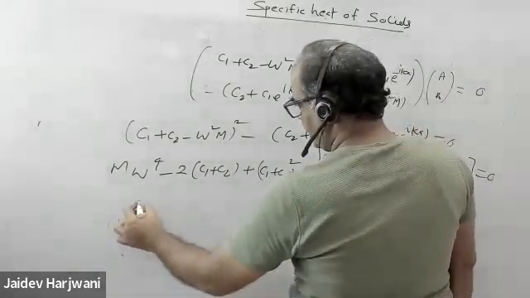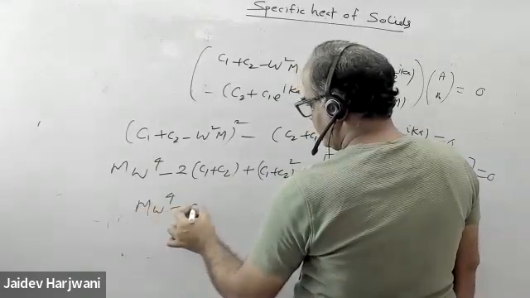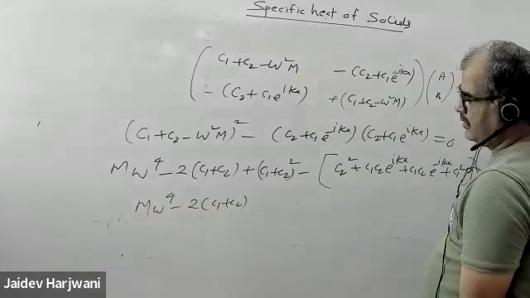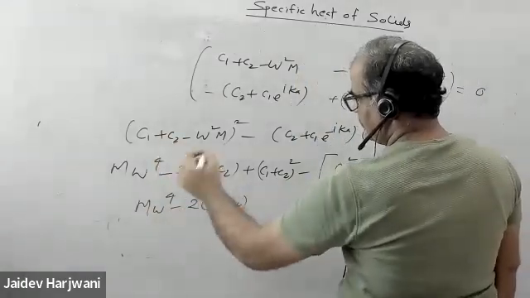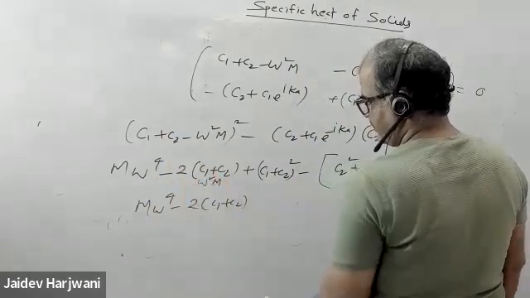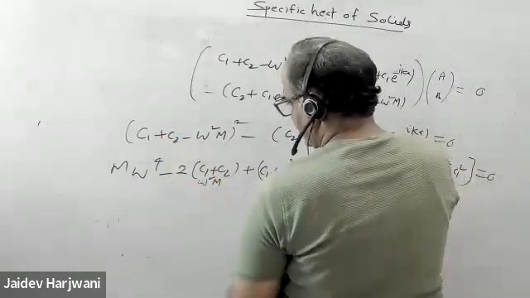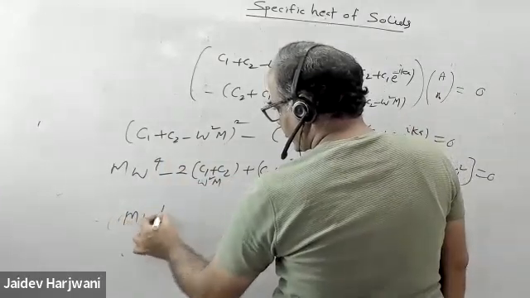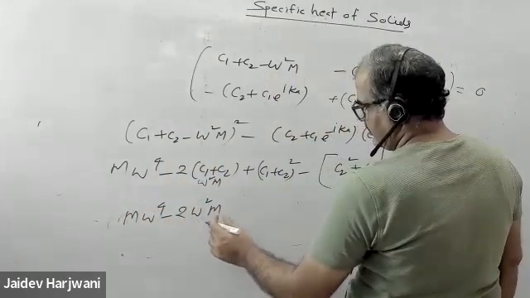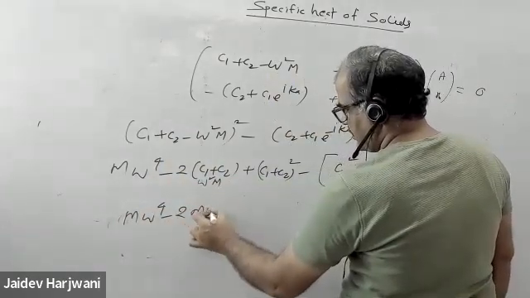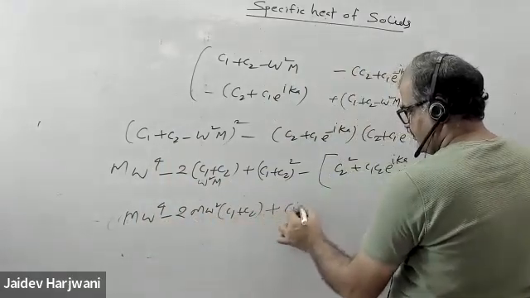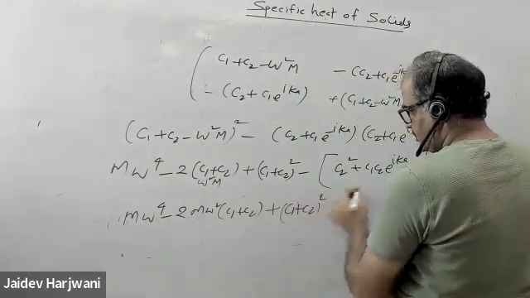So I have m omega 4 minus 2 C1 plus C2. Of course, here this will also come 2 C1 to A plus B, so omega square m also will come. So now I have m omega 4 minus 2 omega square C1 plus C2 plus C1 plus C2 square.